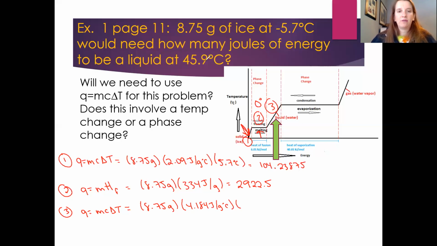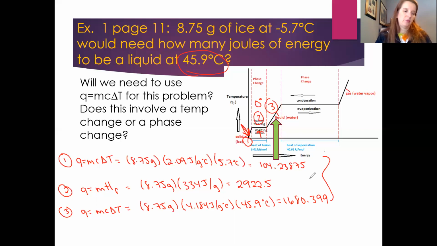We're stopping at 45.9 degrees, and we started being a liquid at 0 degrees, so this is going to be 45.9 degrees Celsius. So 8.75 times 4.184 times 45.9 is going to be 1680.399.